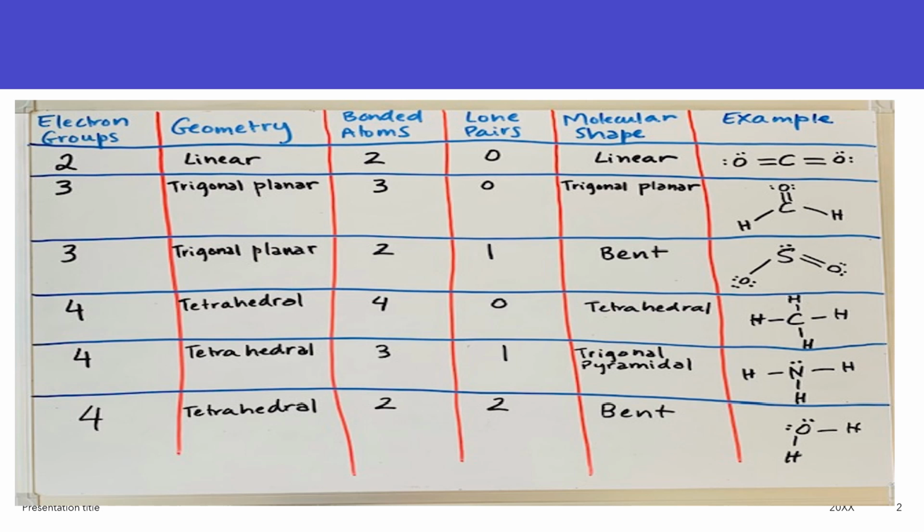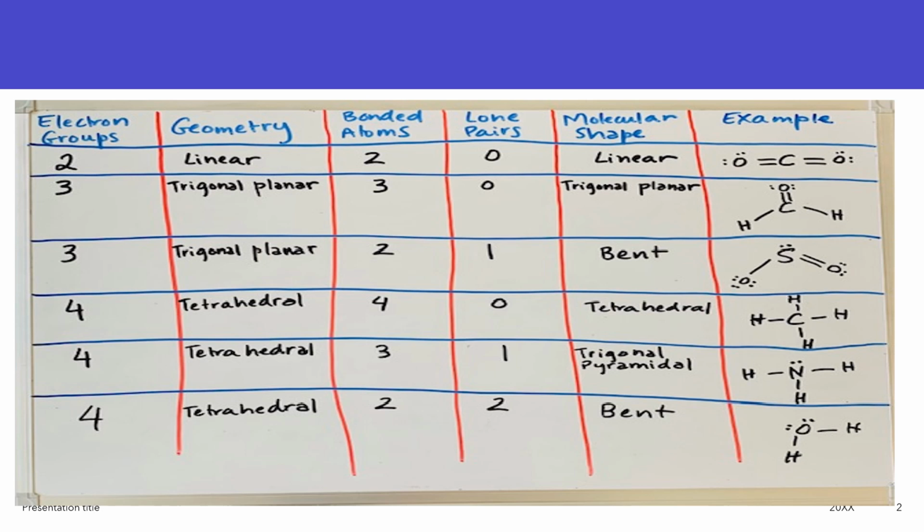So in total it's four electron groups. So the geometry is still going to be tetrahedral because there are four electron groups, but the molecular shape is going to be bent.